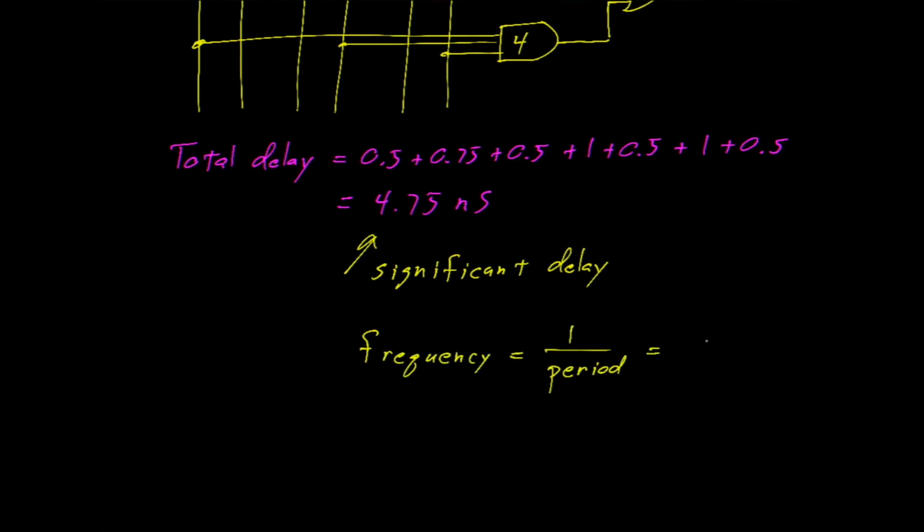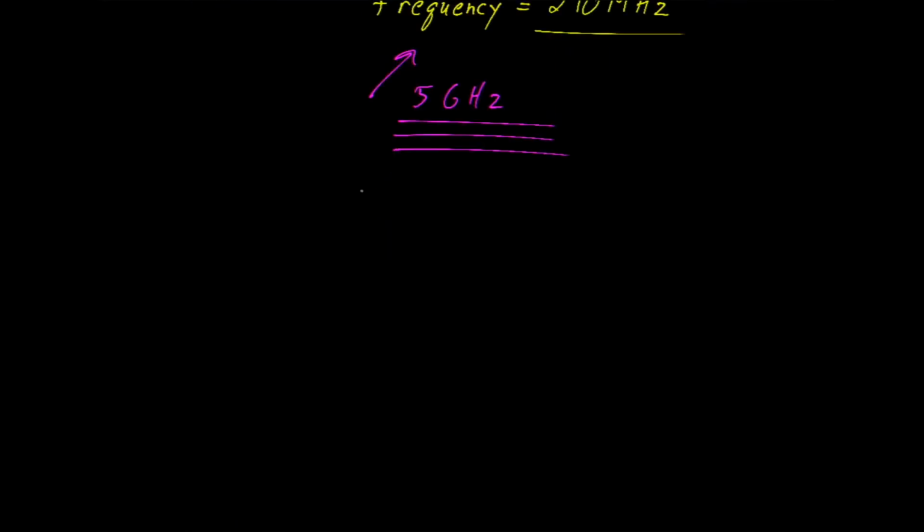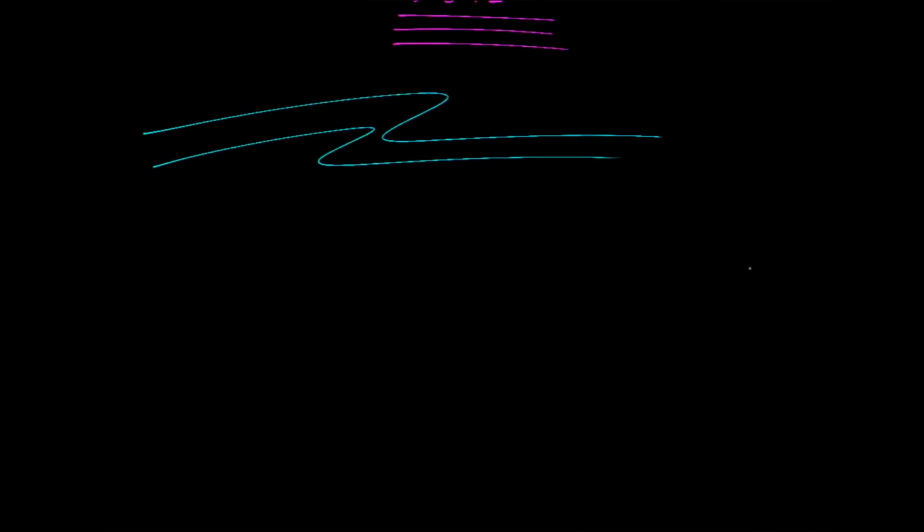In this case, our period is 4.75 times 10 to the negative 9, which gives us a frequency of about 210 megahertz, which is extraordinarily slow when you consider that a modern CPU has a core that can run at 5 gigahertz. Anywho, that finishes up our discussion for today.